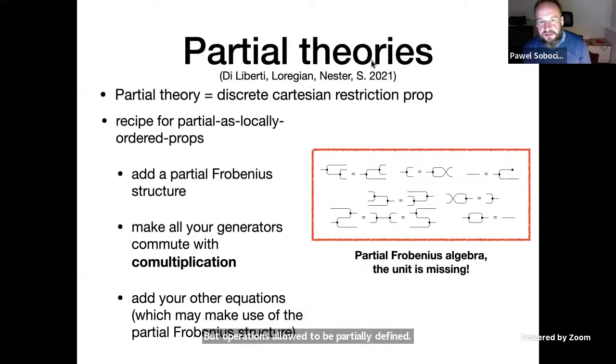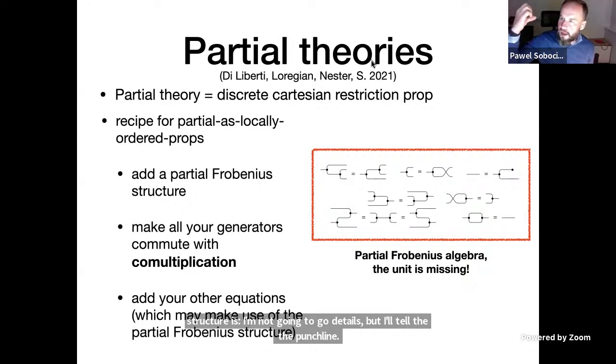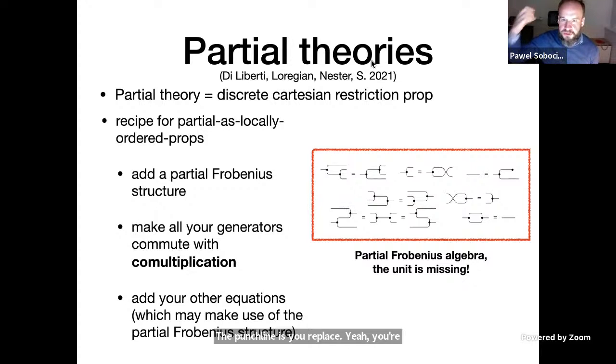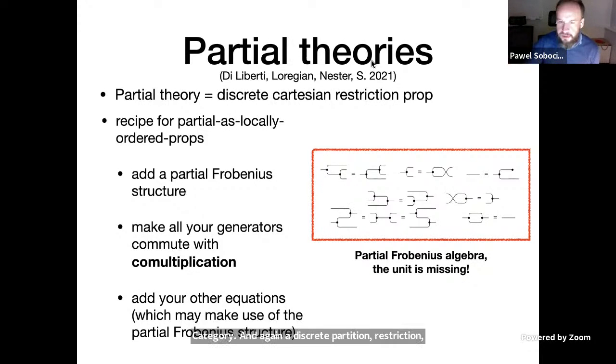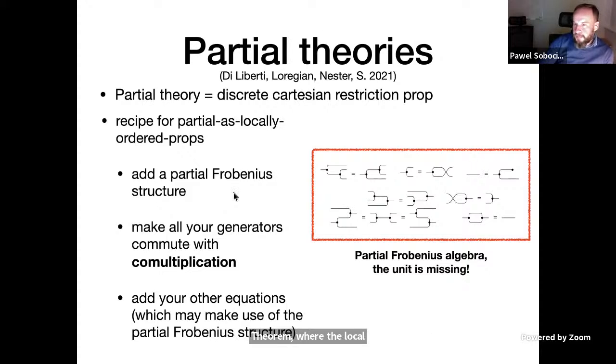It turns out that the right mathematical structure is, I'm not going to get into details, but I'll tell you the punchline. The punchline is you replace the idea of a Cartesian category with something called a discrete Cartesian restriction category. Again, a discrete Cartesian restriction category is something defined with universal properties, but it has again a Fox-like theorem, where the local structure is something we call a partial Frobenius structure.